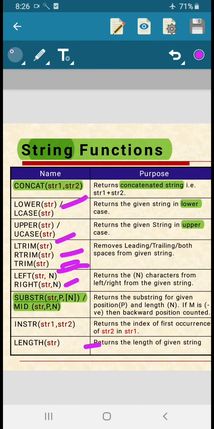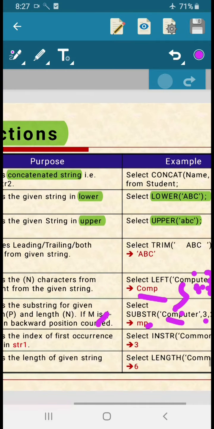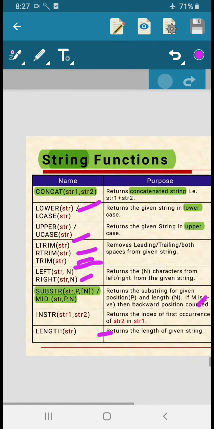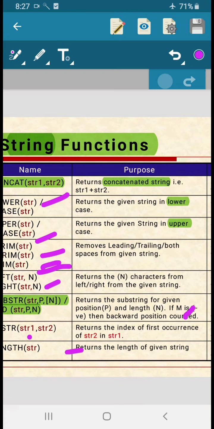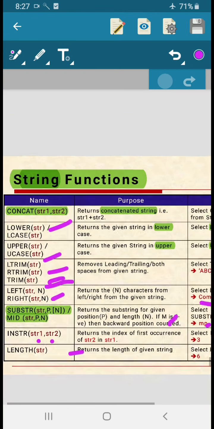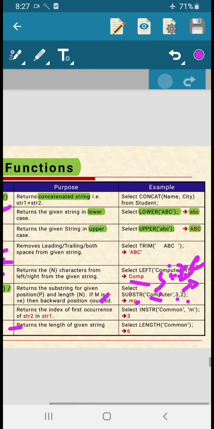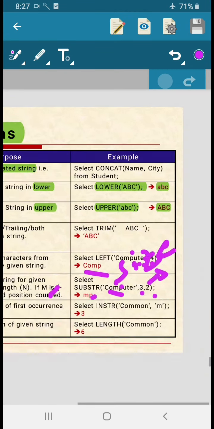Okay, next INSTR. It returns the index of the first occurrence of string 2 in string 1. String 1 is the parent, string 2 is the child, and the first occurrence of string 2 will be displayed from string 1. See here, select INSTR, read it as in string, COMMON.